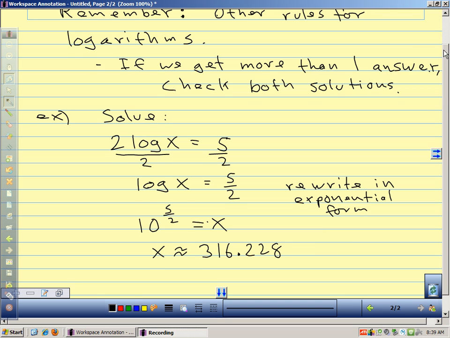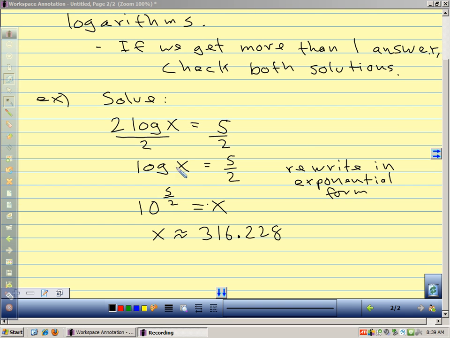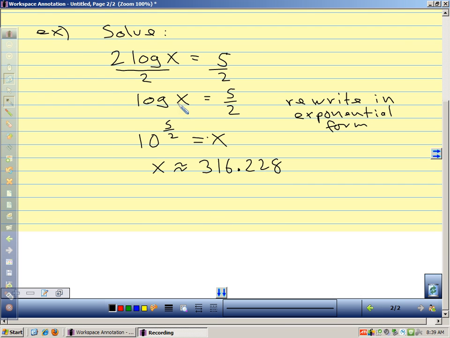Now, I just want to point out there's another way that you can think about what we're doing here, and the book talks about it. Some books you might see it as a method for solving these. So I'm going to rewrite, when we got our log by itself on one side, log x equals 5/2.